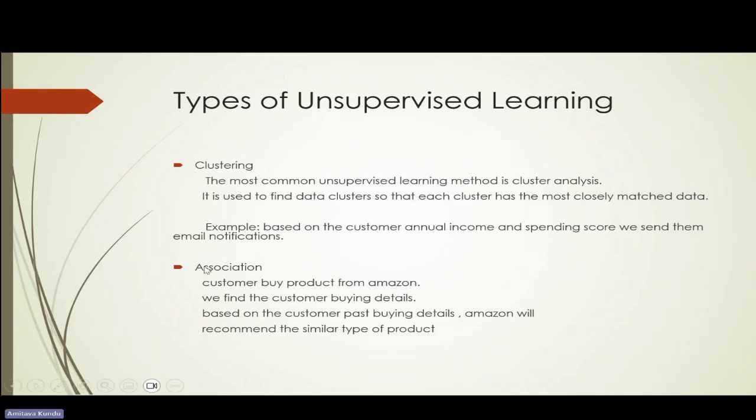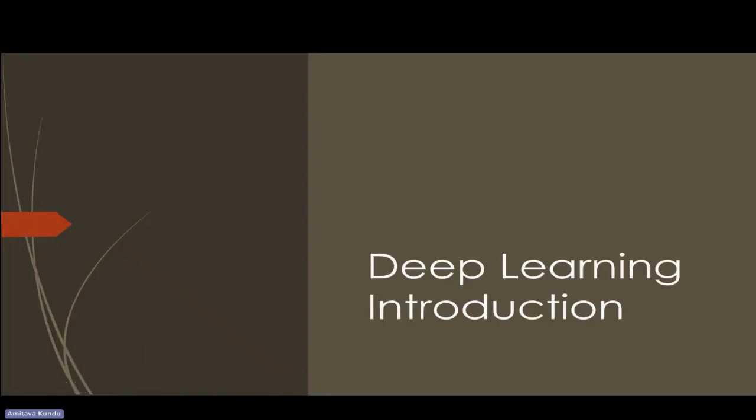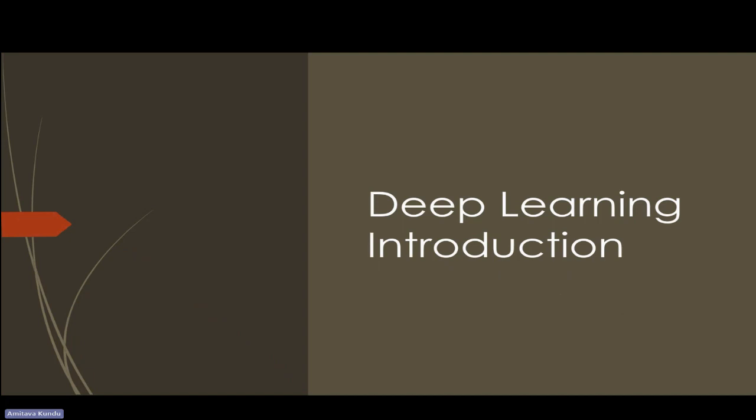This comes under association, right? So this association and clustering both comes under unsupervised learning, machine learning, right? So what you find here is that we have two types of machine learning: unsupervised learning and supervised learning.